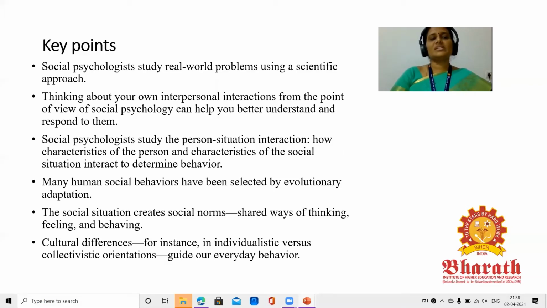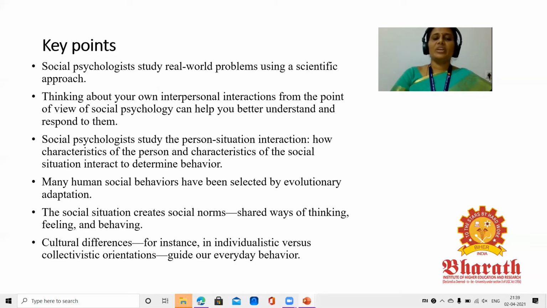Let us just discuss the key points now. Social psychology studies real world problems using a scientific approach, and thinking about your own interpersonal interactions from the point of view of social psychology can help you better understand and respond to them. Social psychology studies the person-situation interaction, how characteristics of a person as well as the social situation determine behavior.